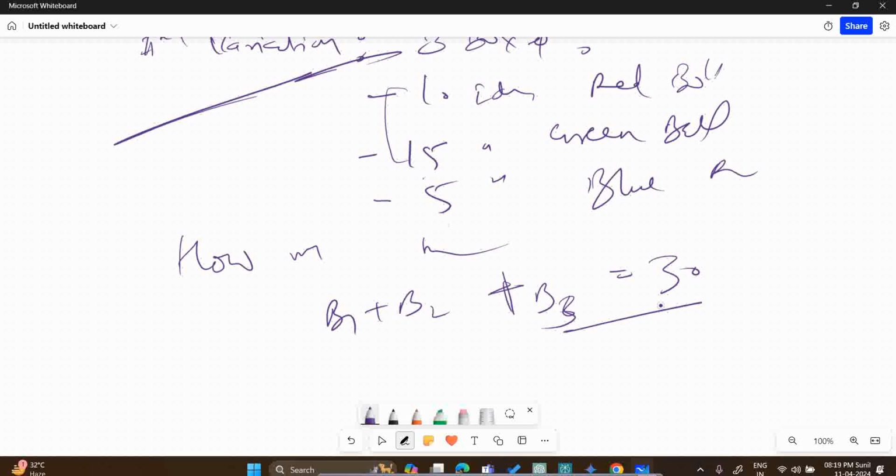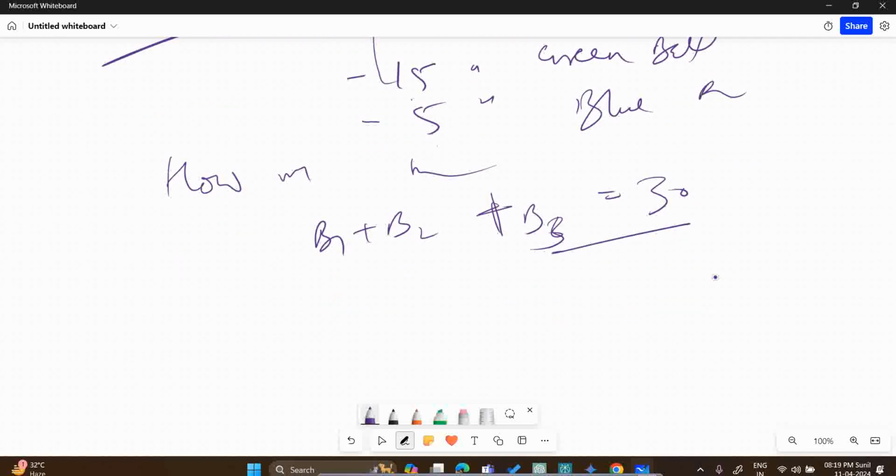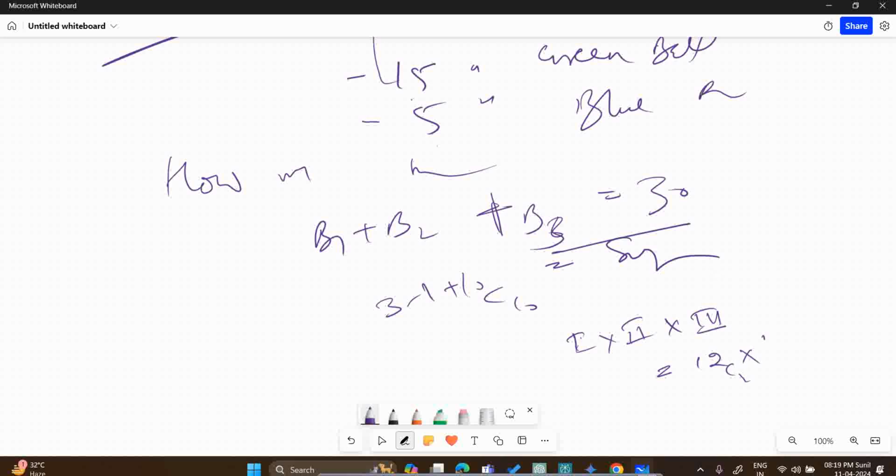How many ways to distribute the red balls? It is 3 minus 1 plus 10 C 10. The sub events are multiplied: first into second into third. We get 12C2 into 17C2 into 7C2.